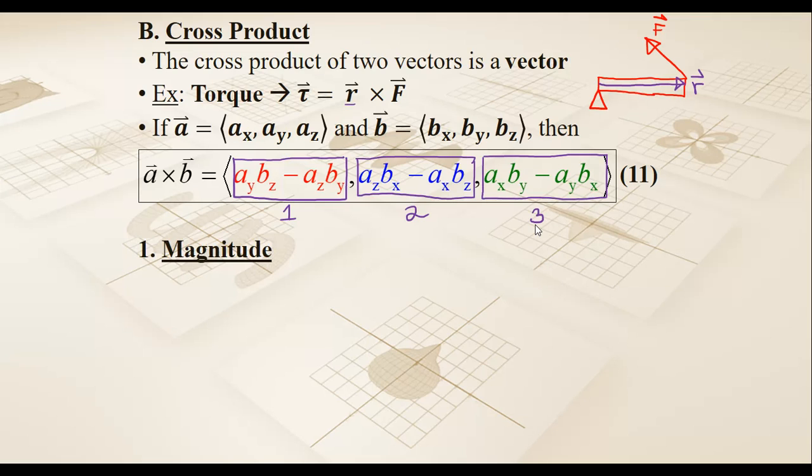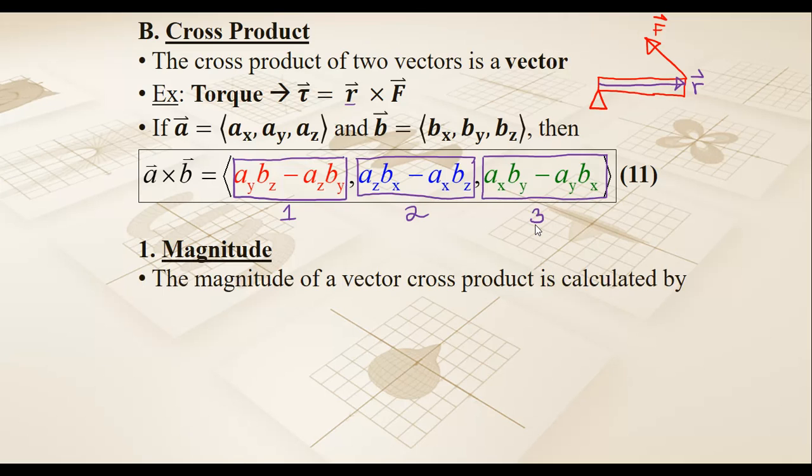Now, oftentimes when we're evaluating a vector cross product, we're only interested in the magnitude of the vector. We're not really interested in the direction. And it turns out if you're just going to calculate the magnitude of a cross product, it's a lot easier to do.